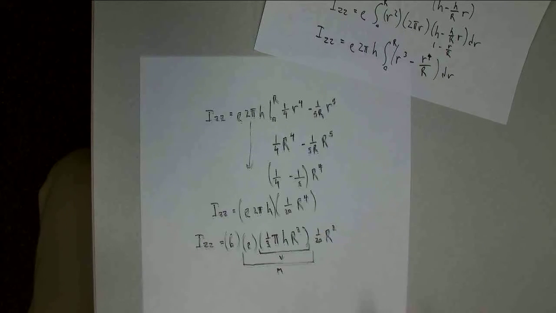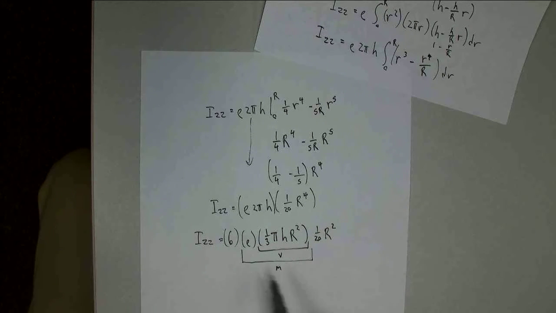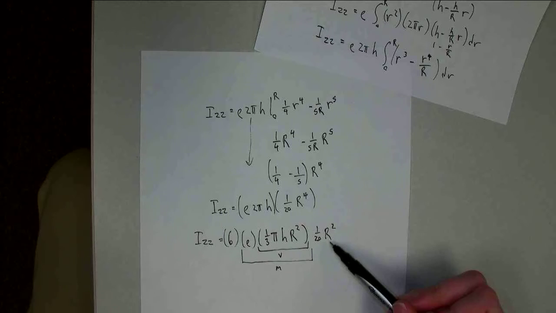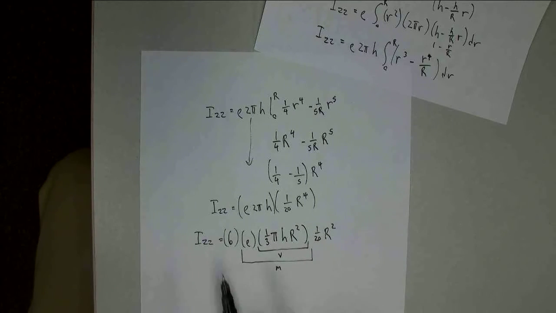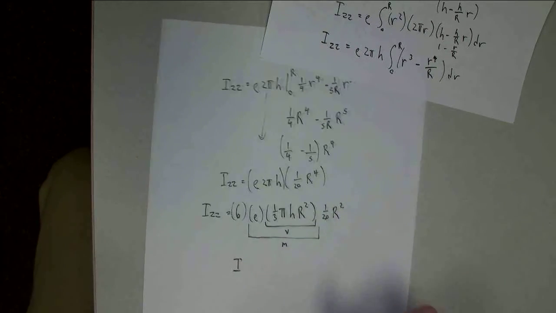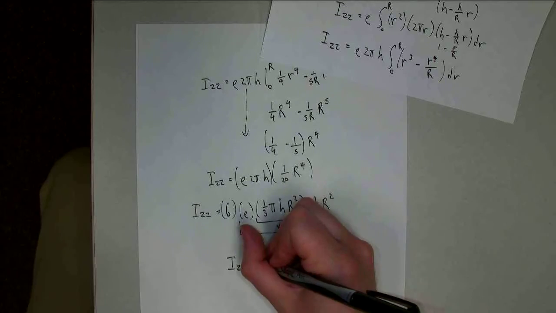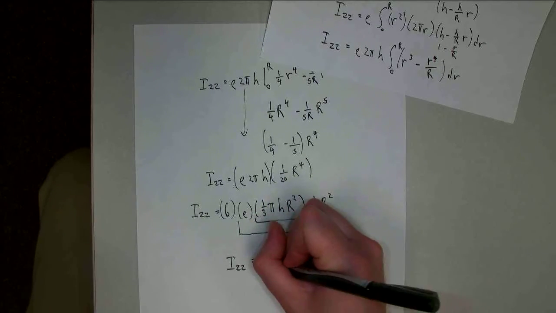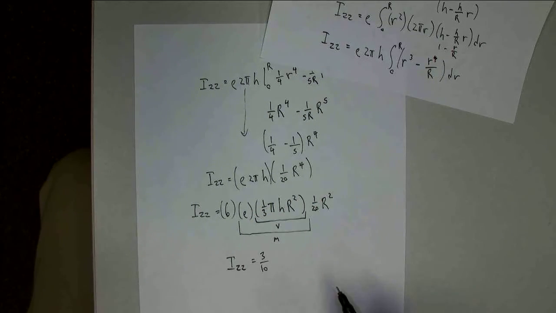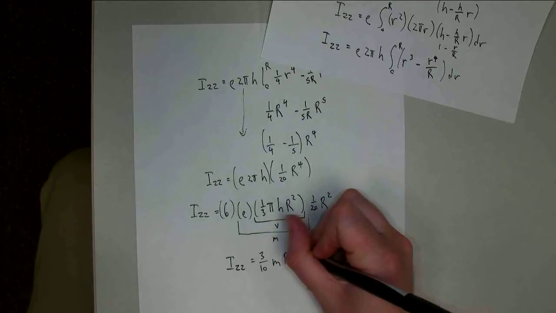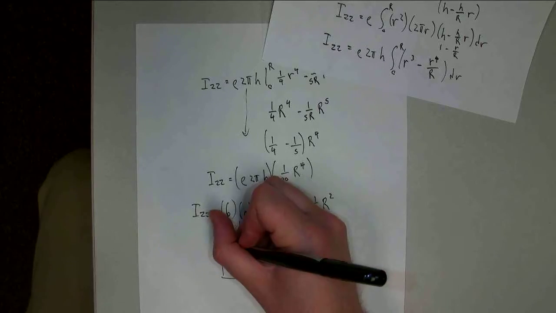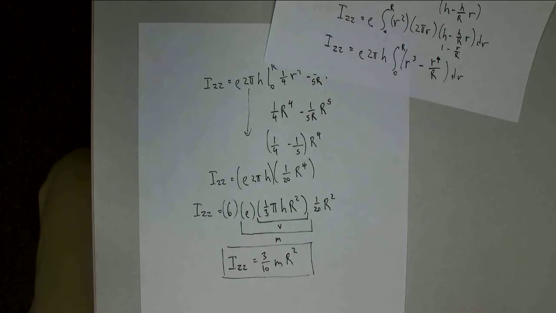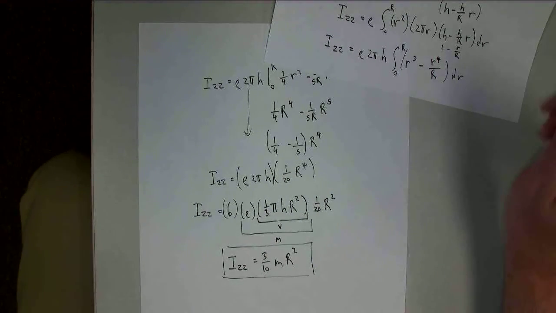And so what I'm left over with is 6 times the mass times 1/20 times R squared. 6 over 20 is going to give me 3/10. And so Izz is going to be equal to 3/10 times the mass times R squared. And that is how we go about solving for the mass moment of inertia of a cone via integration.